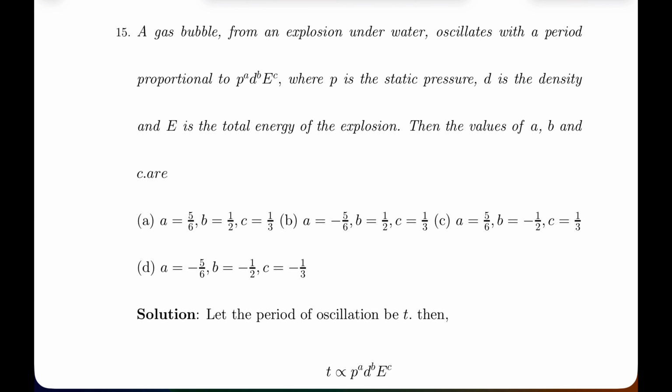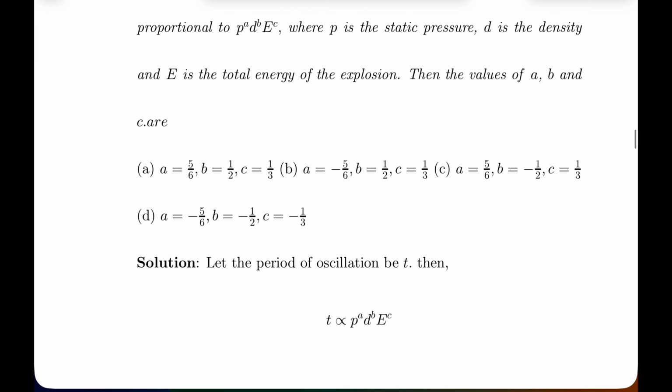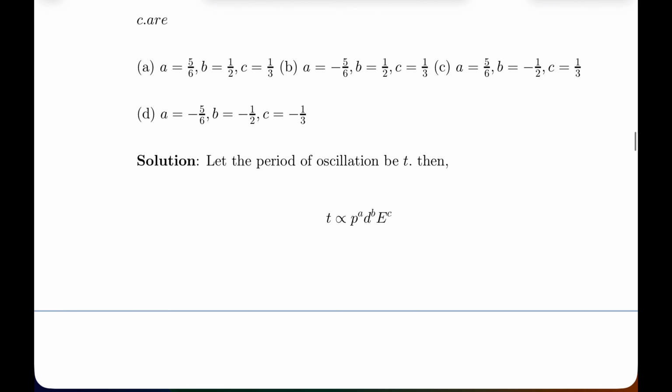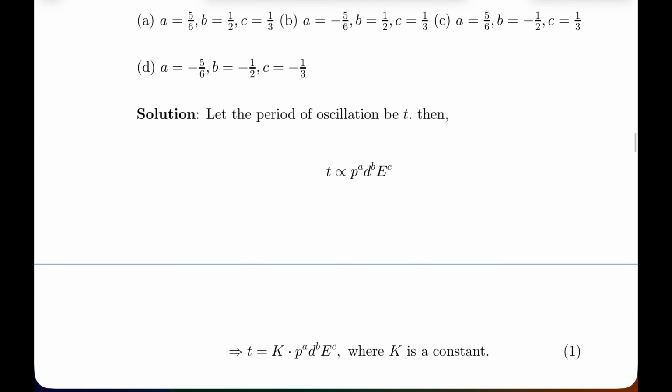So the period of oscillation depends upon pressure, density, and total energy of explosion. We assume that the period of oscillation is T. So T is proportional to P to the power a, D to the power b, E to the power c. This is given.